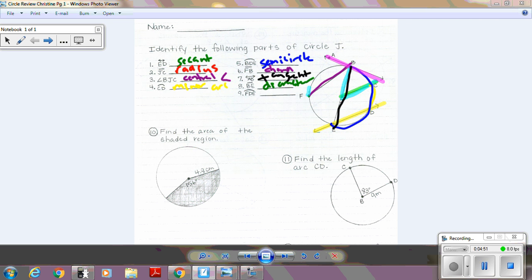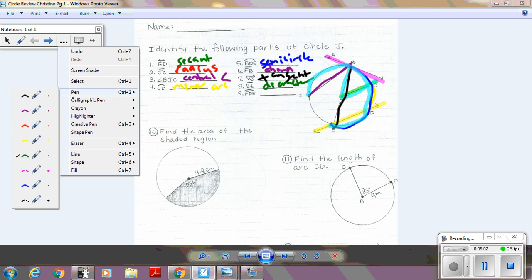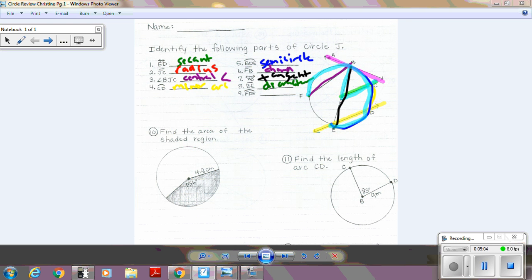Arc F, D, E. Arc FDE would be a major arc, because it is more than 180 degrees. It is more than half the circle.